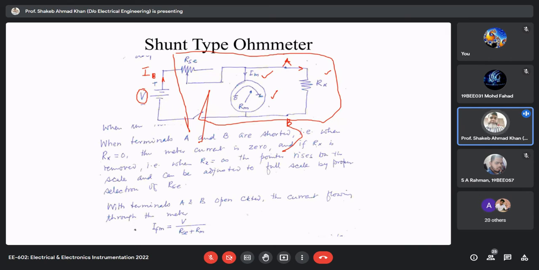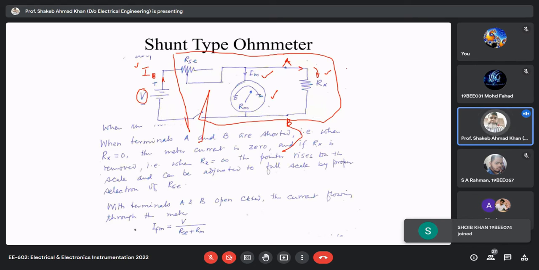So the current divider theorem you must have studied earlier. This is the total current. In parallel branches, this current divides into IM and some other current through the unknown resistance. We are not interested in the current through the unknown resistance, but in the current through the meter resistance.